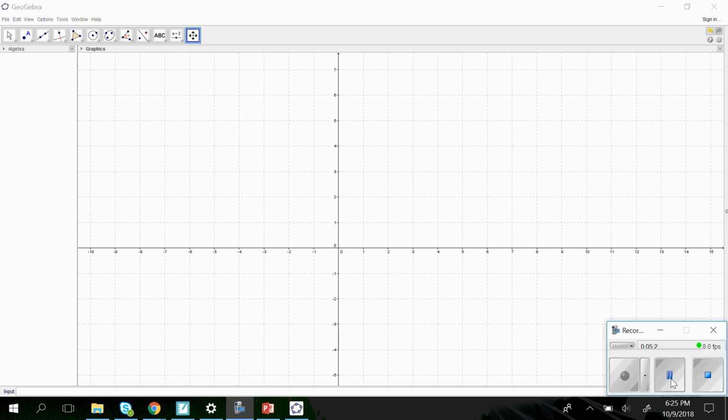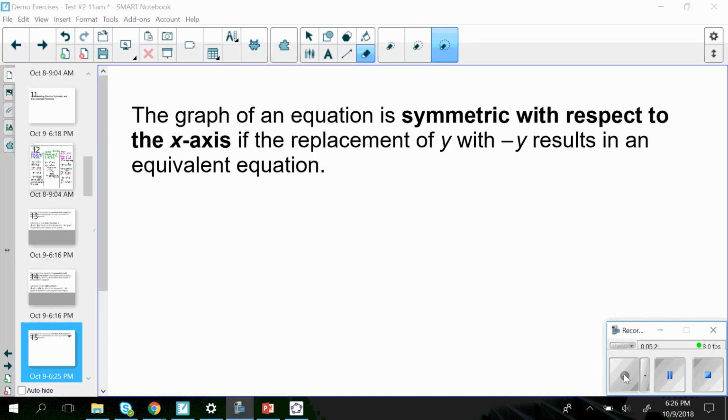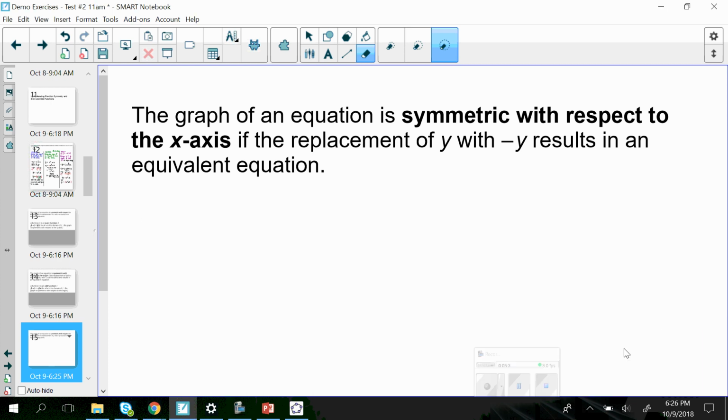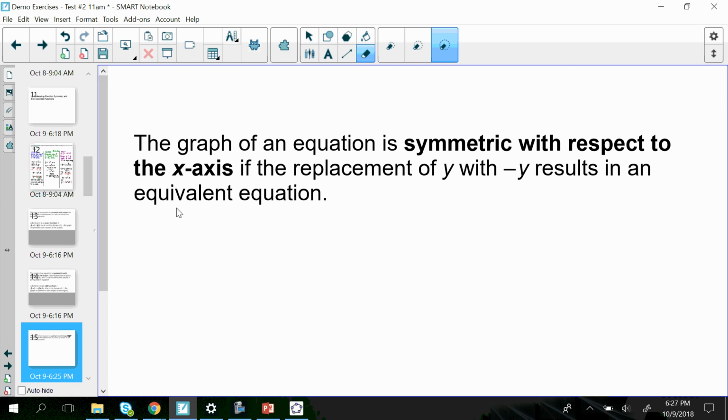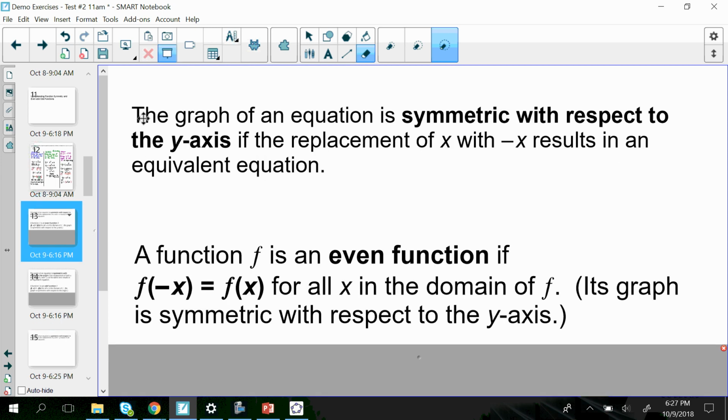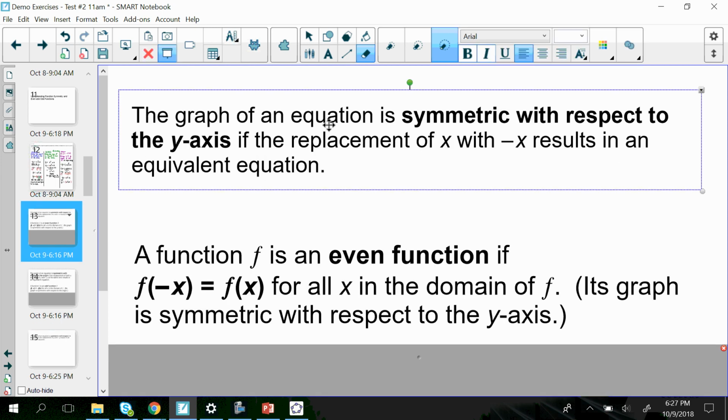Let me just pause this for a minute while I get a good example up. Okay, so the example I'm about to pull up will show us symmetry with respect to the x-axis. Now notice that in each of these it says the graph of an equation is symmetric with respect to the y-axis if the replacement of x with negative x results in an equivalent equation.